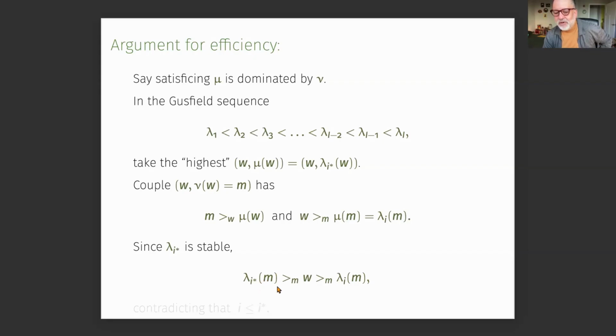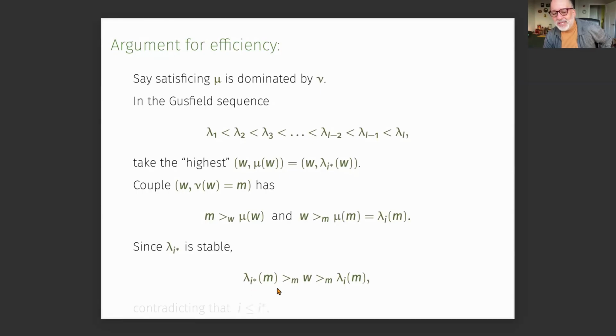Okay? But if Cleopatra was better than Karen and Karen happens to be better than Jane, then this means that matching I star has to be larger than matching I. Sorry, I'm saying it the other way. So this means that matching I star, because remember that having a low I is good for men.